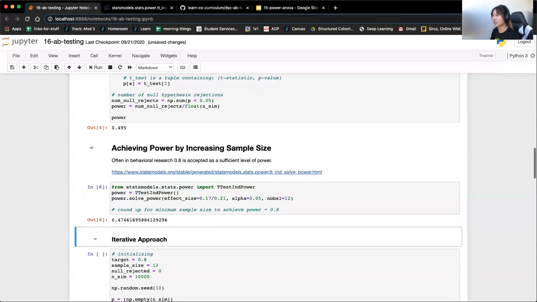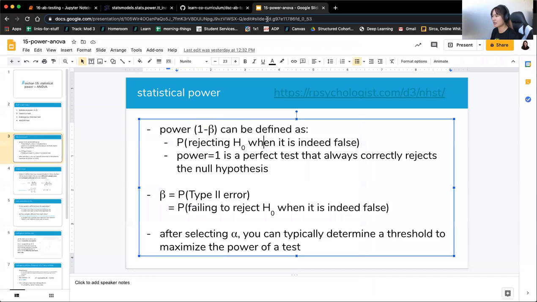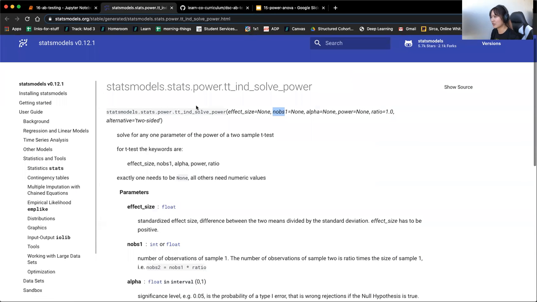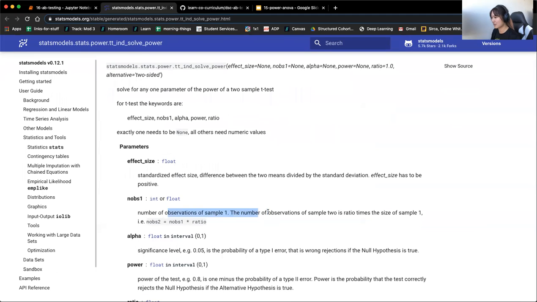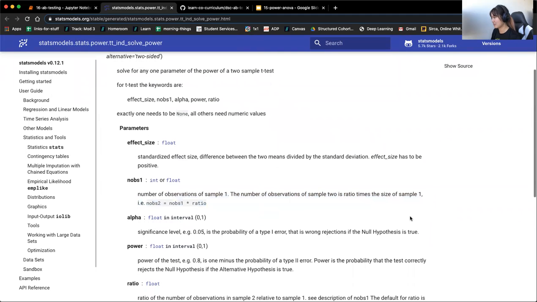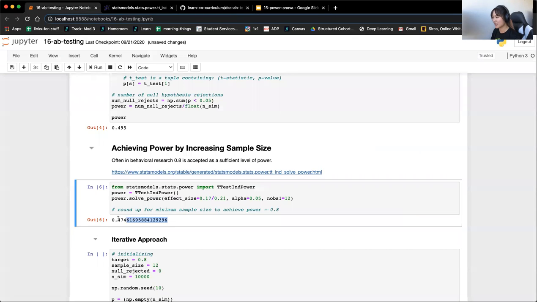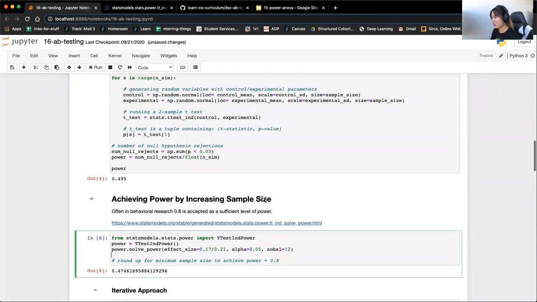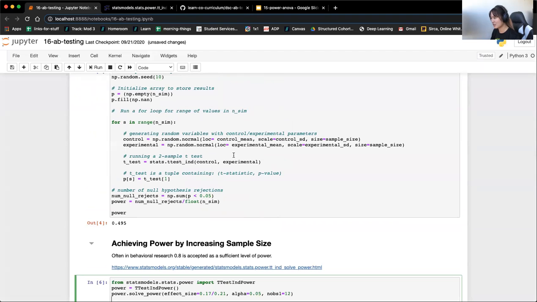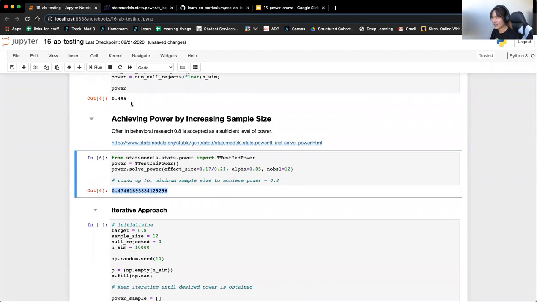Let me just double check that it's the same. Oops, what am I looking for? nobs1, number of observations, is sample 1. There we go. I think it might be a little bit different because we have a one-sided versus two-sided, but as you can see, a similar number. I don't want to go too much into this, but you can see you have a similar number for power.